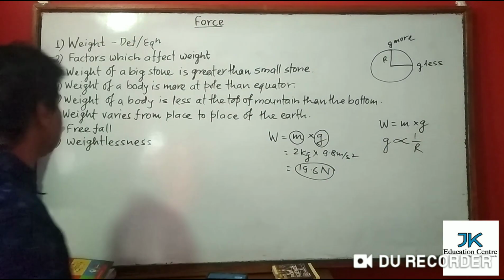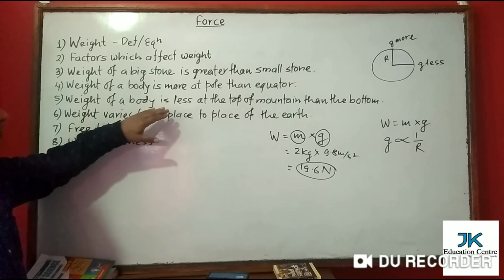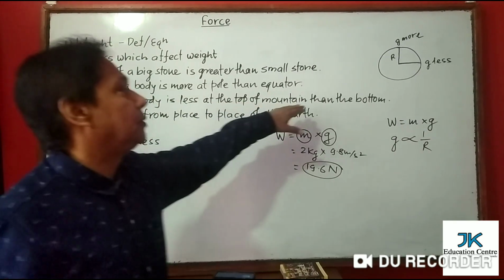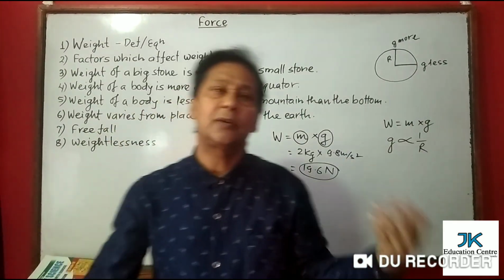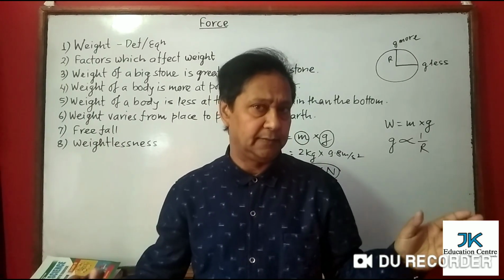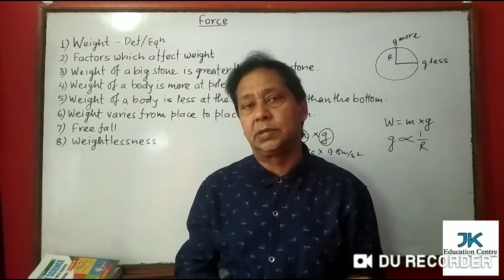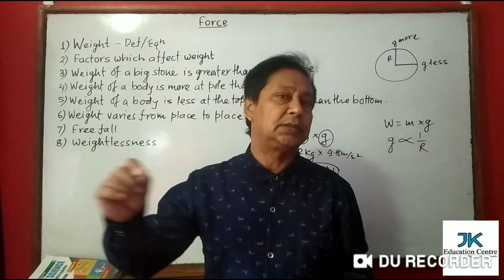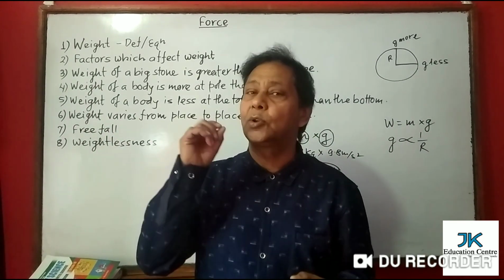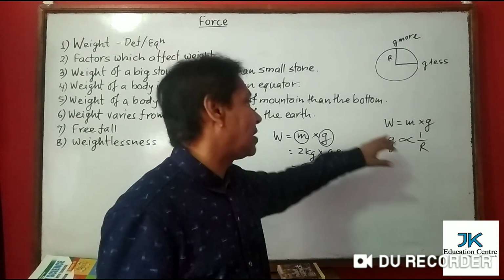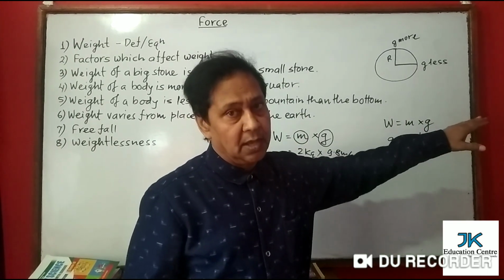Now next question, look at this. Weight of a body is less at the top of the mountain than the bottom. This can also be answered in the same way. First you write the definition of weight in terms of measurement this way: weight of a body is the product of its mass and acceleration due to gravity, and then write down W equal to mg.